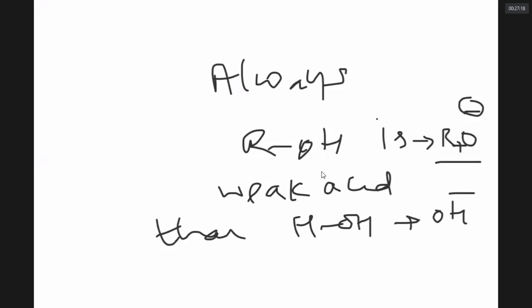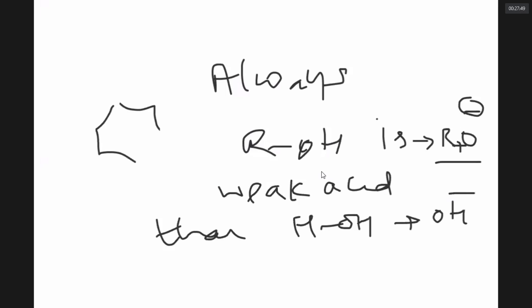Alcohol is represented by ROH, or can be methyl, ethyl, propyl, butyl, pentyl, and so on. RO minus is called the alkoxide ion. It can be methoxide, ethoxide, propoxide, butoxide, and so on. Generally, alcohols are less acidic than water because the alkyl group destabilizes the alkoxide ion. Always alcohols are weakly acidic compared to water.